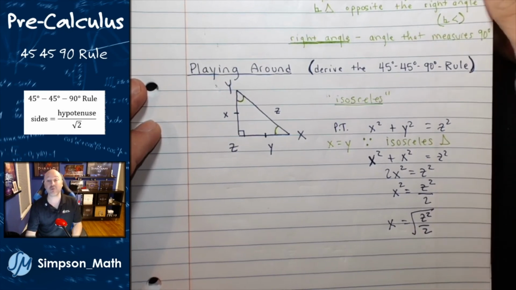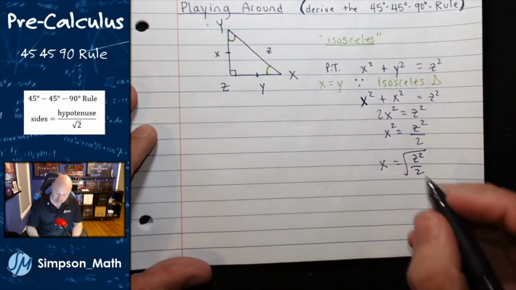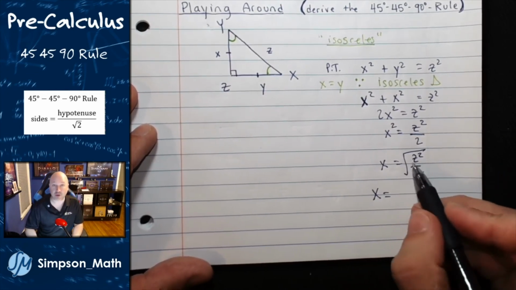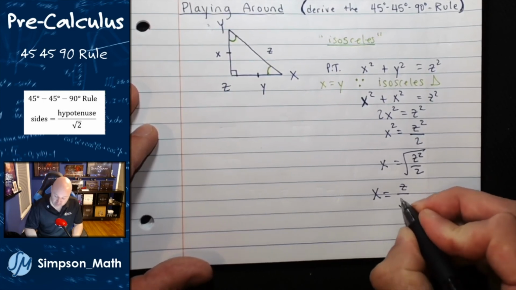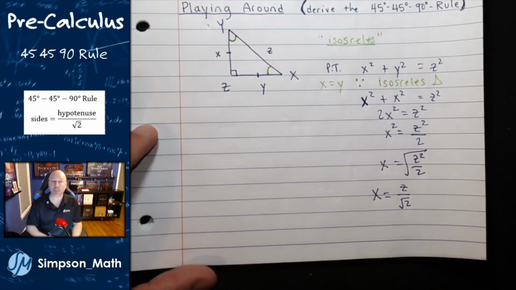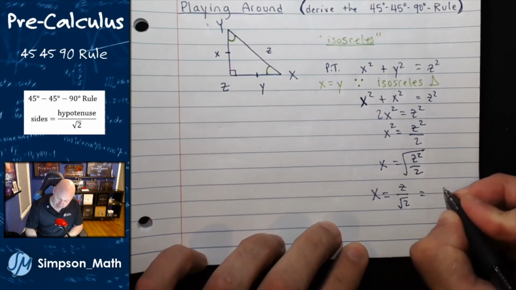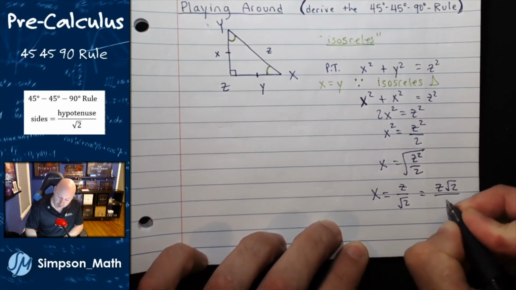And if you're taking the square root of a quotient like this, you can do them independently. So I'm going to say x is equal to, in the numerator, simply z, and in the denominator, the square root of 2. Now in this class, we typically want to rationalize the denominator. So if I were to do that, it may also look something like this. Z times the square root of 2 all over 2.